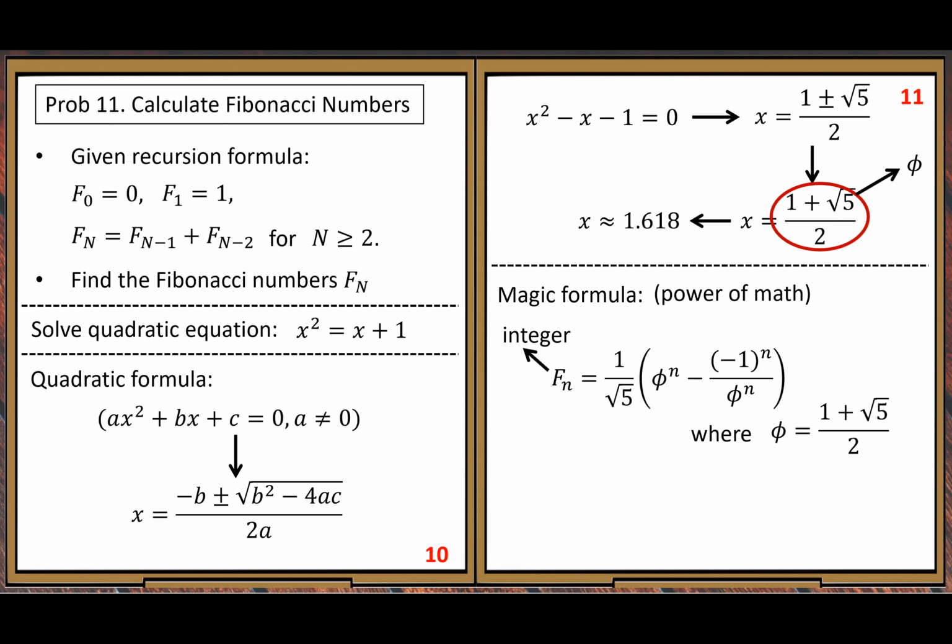Before we learn how to solve the recurrence relation, we would like to verify this formula. Because we have seen this formula, it's right here. Can we verify it?